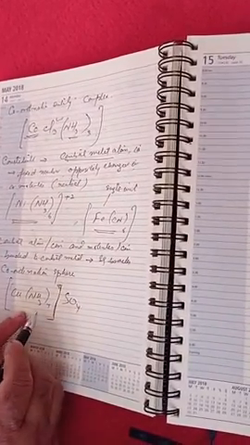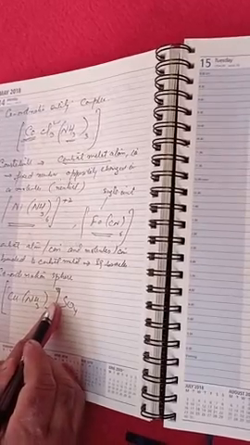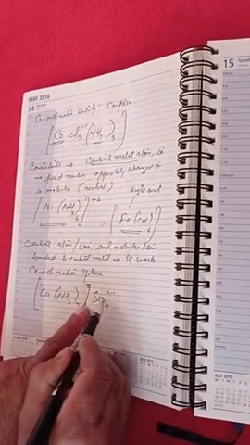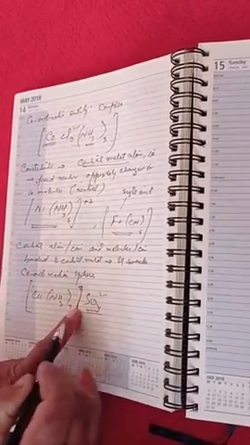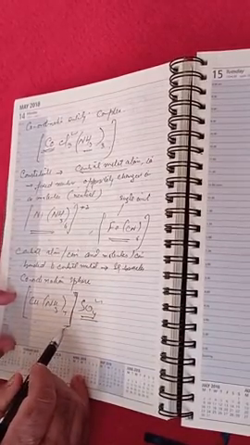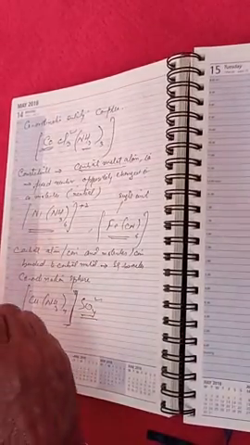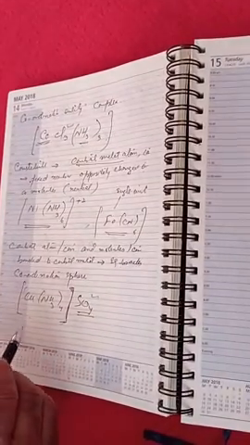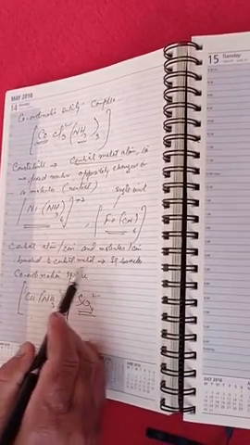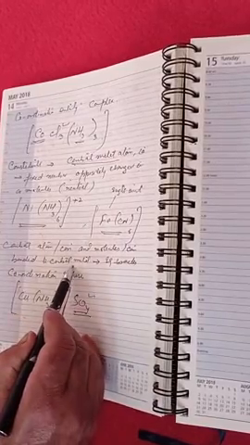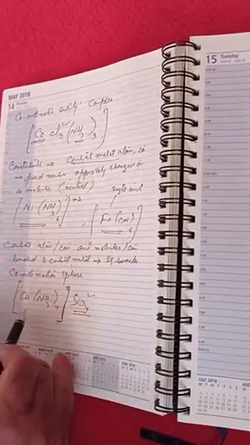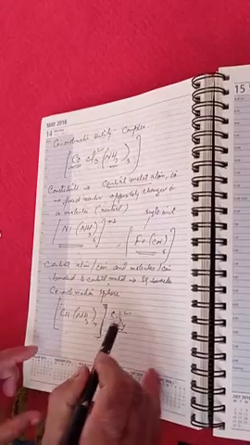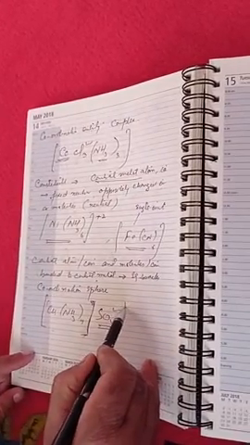When we dissolve it in water, the coordination sphere will ionize as a single unit, and SO4 will be the counter ion. So the coordination sphere constitutes the central metal atom and oppositely charged ions or molecules which are bonded to the central metal. These are kept in the square brackets. So this is called the coordination sphere.